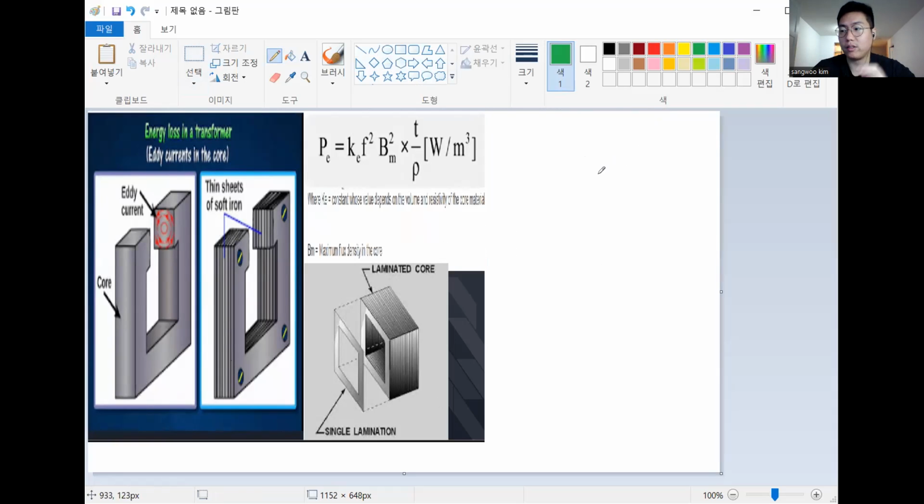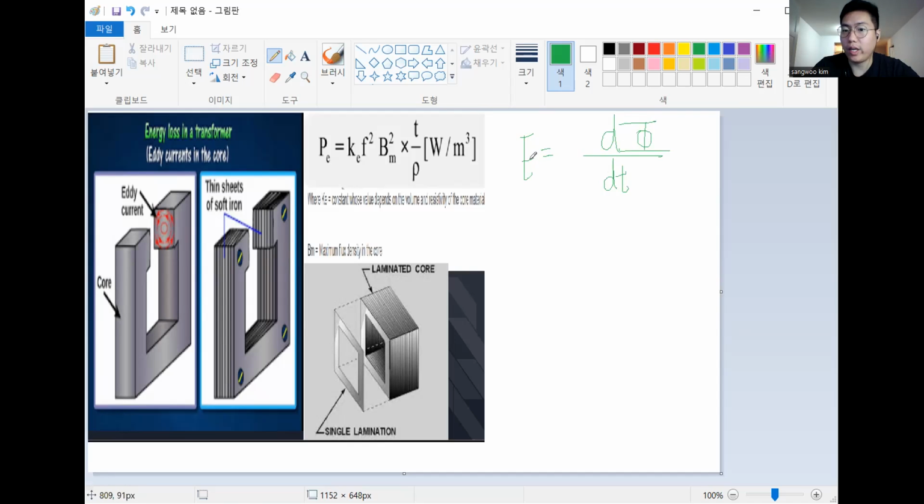Later we will learn about Lenz's law and Faraday's law. But the important thing is that the induced voltage is made when, as time goes by, the flux changes.